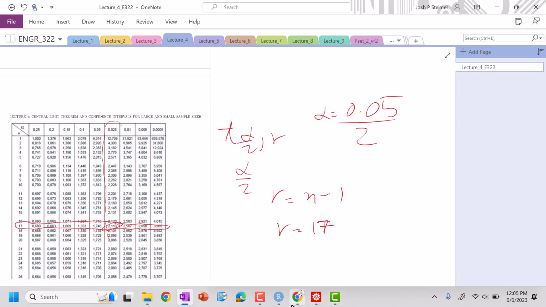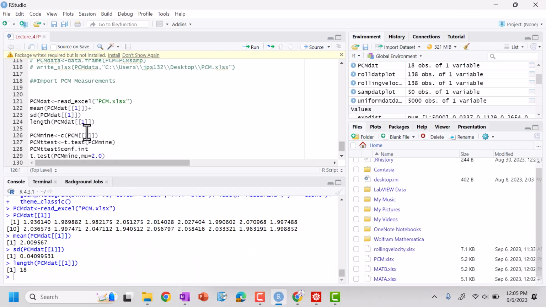So we can go ahead and look at the mean plus T alpha over 2, which is 2.110, times our standard deviation times this divided by square root of n, which is our length.